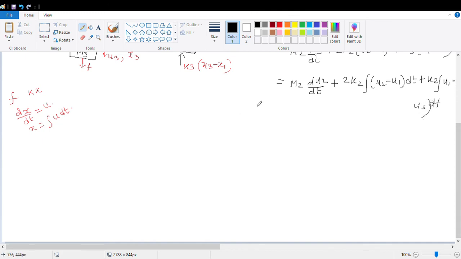Now what we have to do? Now we have to write the electrical analogous equation. So the electrical analogous equation of this part, this equation number 2, will be, this is 0.